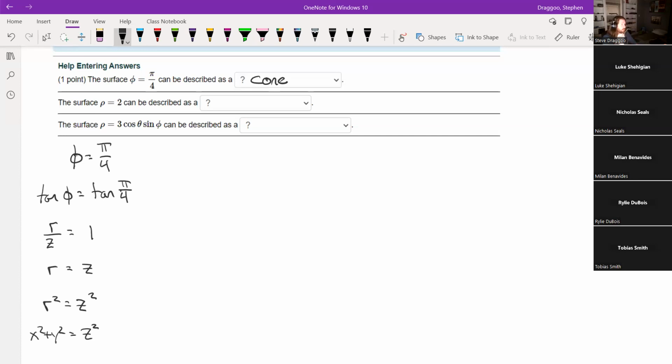If we got phi equals pi over 2, this thing would be like a flat cone, since our angle is 90 degrees, but a flat cone is a plane. Specifically, it's the xy plane.